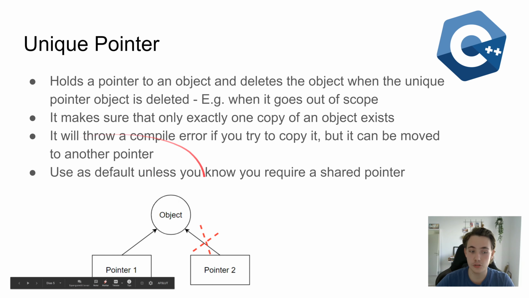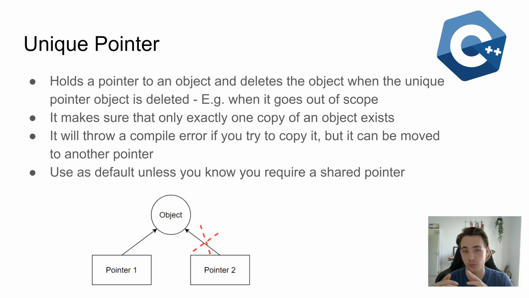Use it as the default unless you know that you require a shared pointer, or when you're working with shared pointers and weak pointers. You need to have a specific reason to use shared pointers, because then you have multiple pointers pointing to one object, and you really need to take care of that and have a good overview of what's going on, or else it can cause circular waits or deadlocks and stuff like that.